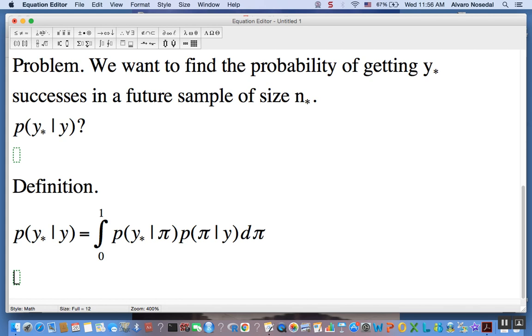Now we know that y star could take on the following values. Since we're talking about a future sample of size n star, we could observe 0, 1, 2, up to n star successes.